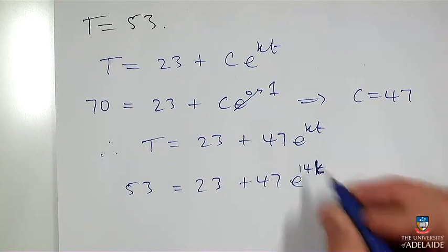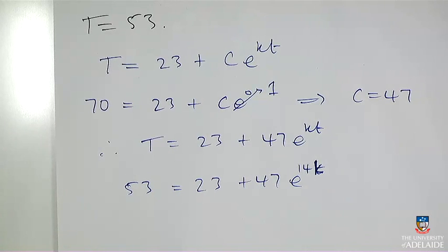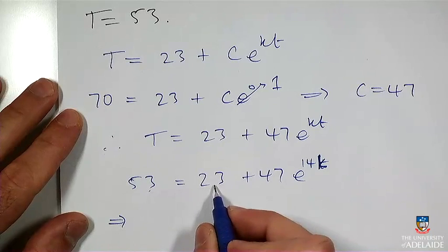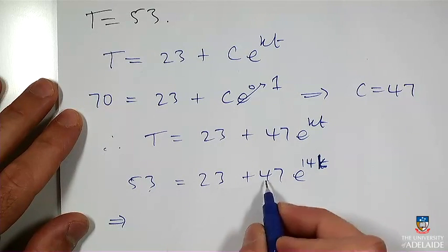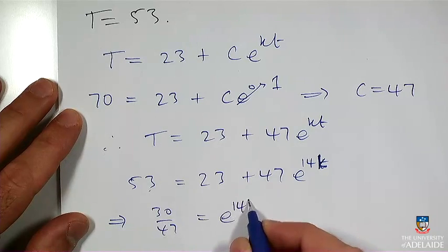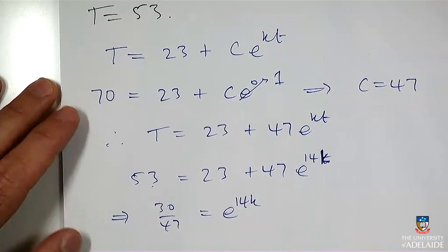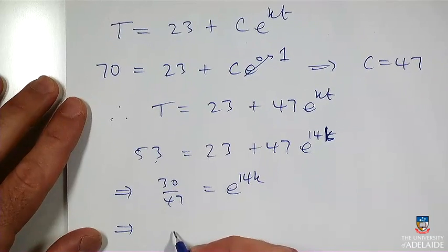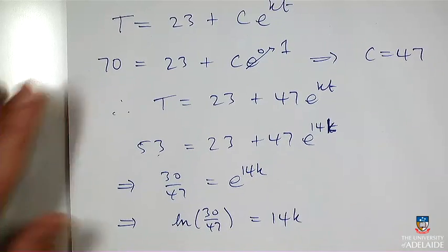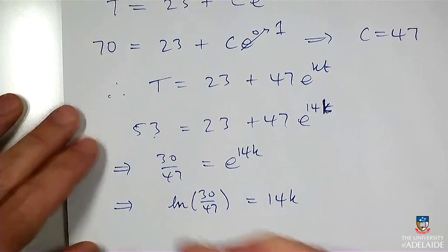Sorry, t is 14. k is what we don't know. So we rearrange this. 53 minus 23 is 30. 30 on 47 is e to the 14k. Take a log. That's 14k like that. To get k, just divide by 14.